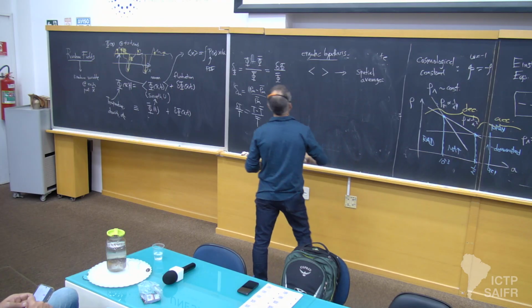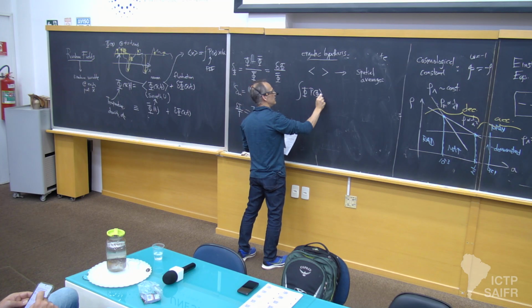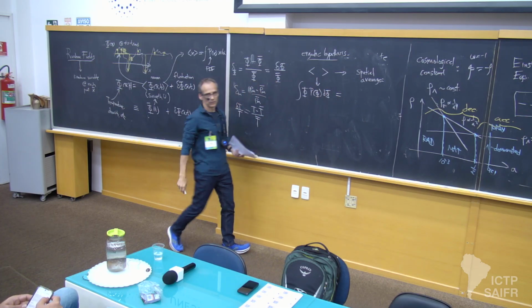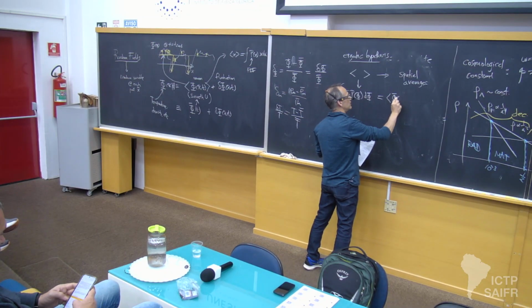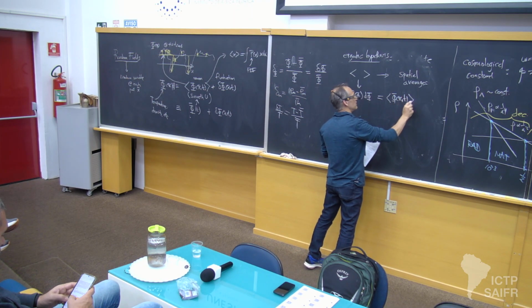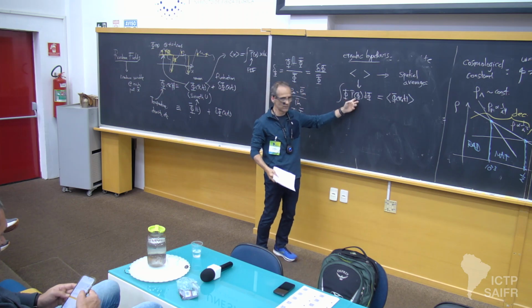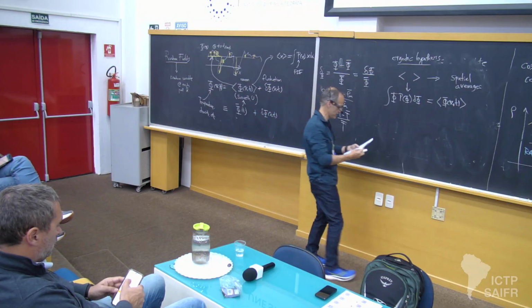Okay, so that means, in particular, for the mean of the field, to give one particular example, the thing you will have to do is to run many realizations of your experiment and average, which is equivalent to averaging over its probability distribution.